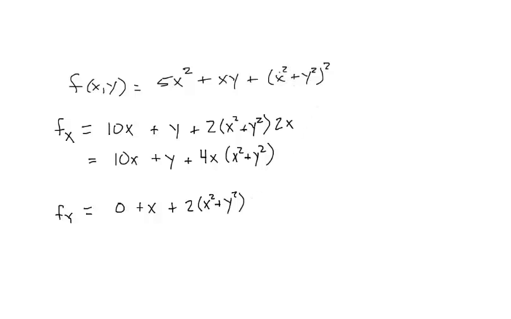So now the x squared is treated like a constant and it goes to 0, and we have 2y. And when we clean this up, we get x plus 4y times x squared plus y squared.